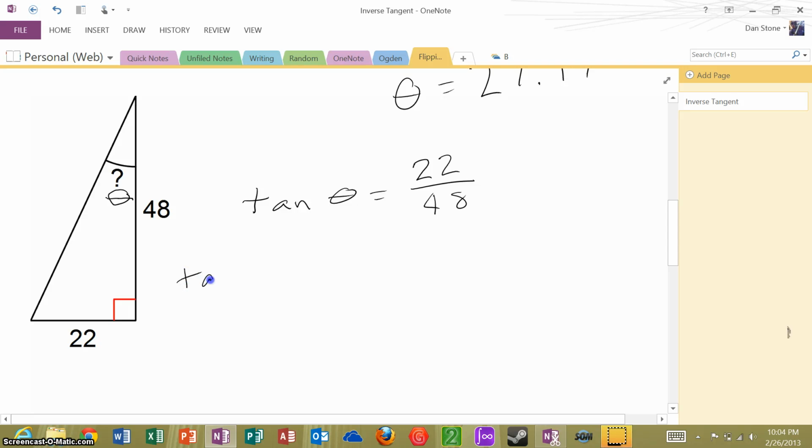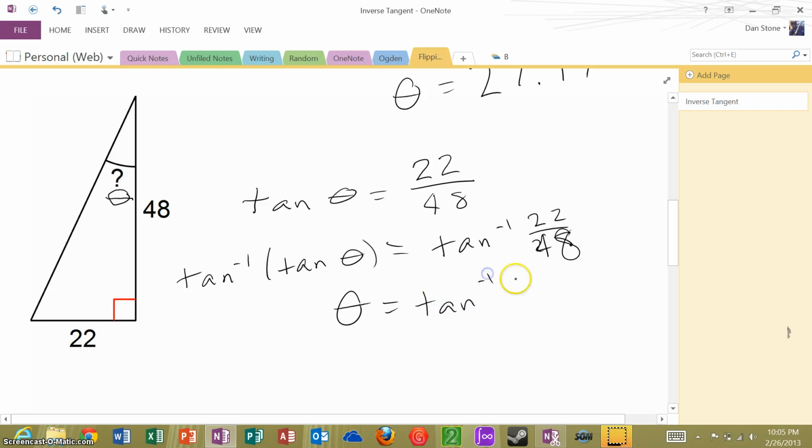Take the inverse tangent of both sides so we can undo this tangent bit here. Again, not all of this is going to the calculator. And then we're left with theta equals inverse tangent of 22 over 48, of our opposite over our adjacent.